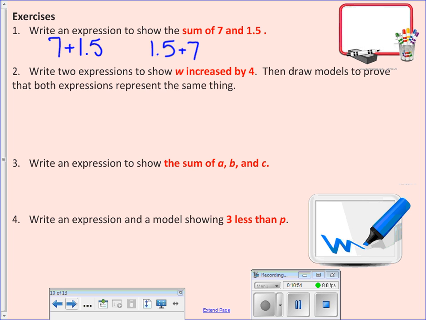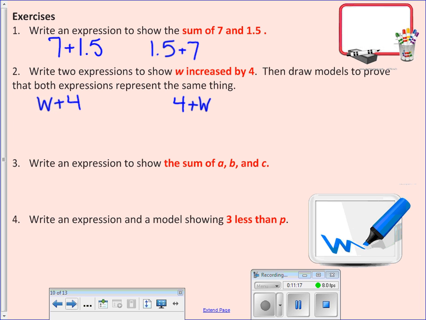Then draw models to prove that both expressions represent the same thing. So we have W increased by 4 or 4 plus W. I think the righter one is the first one because it's W increased by 4. W is the quantity that I'm starting with.